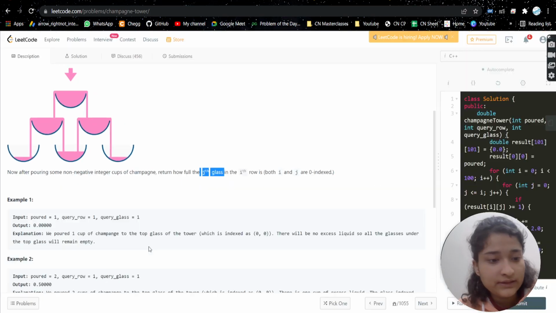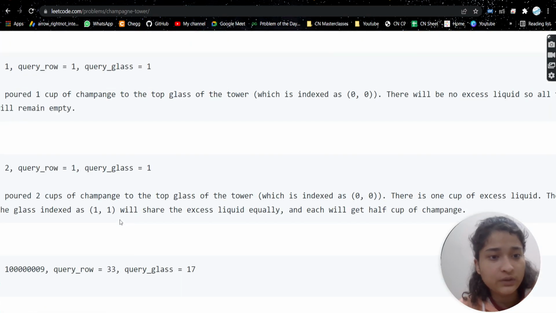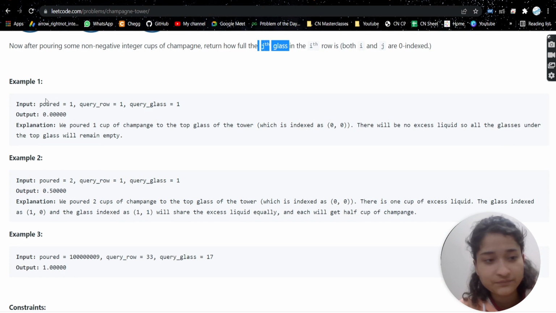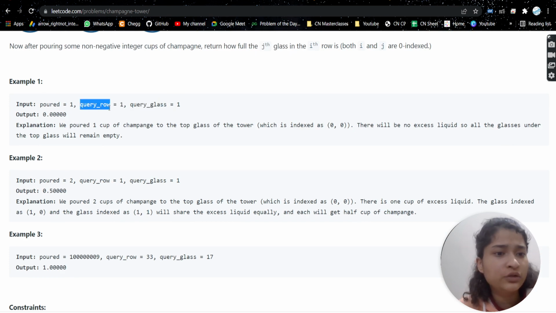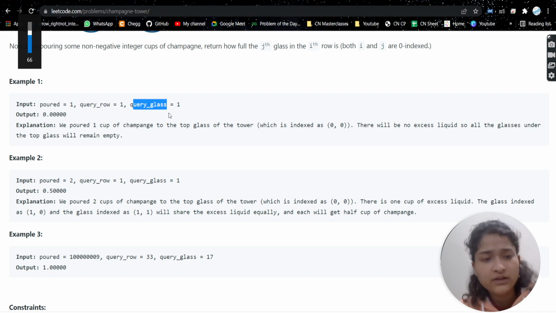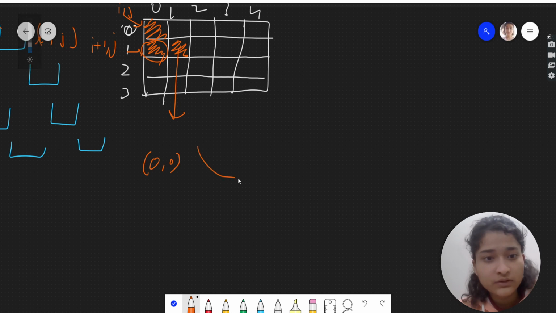So let's see the test cases. In this test case, we are given the poured amount, the row and the glass. The row is the row, and the glass is your column, the column it will be in. Now finally let's dry run.